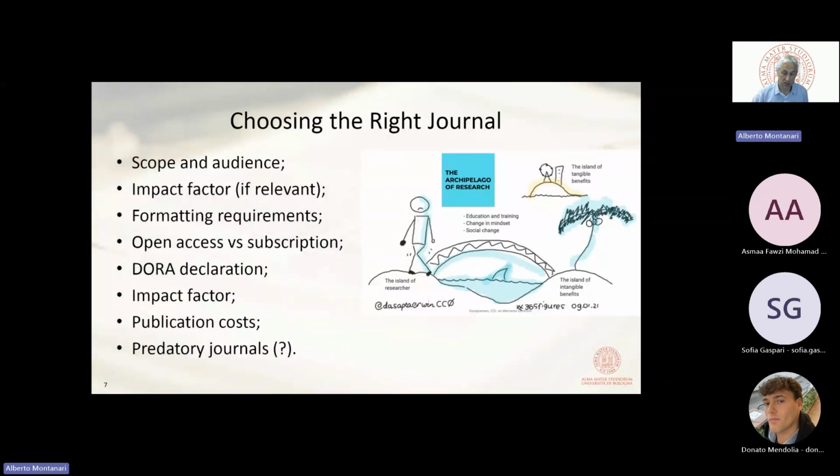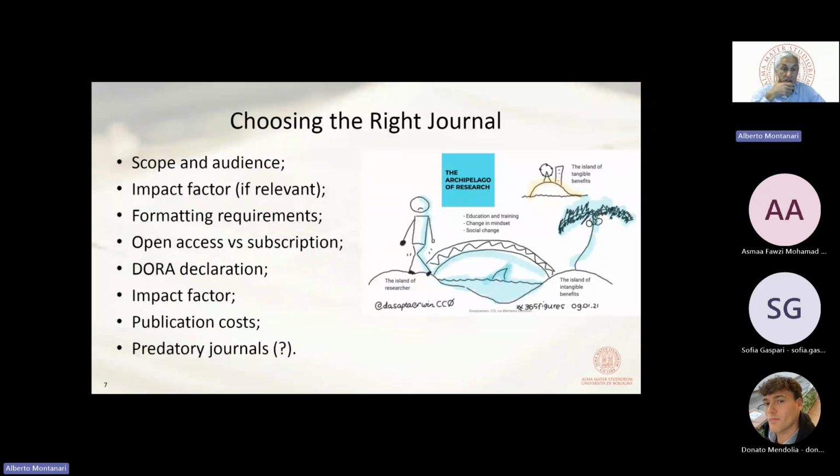And therefore, these scientists and academicians who want to oppose the use of bibliometrics for career advancement wrote the DORA Declaration, which I discussed in the asynchronous video. Basically, the DORA Declaration says that the impact factor or any other journal ranking shouldn't be used for career development, for hiring procedures, and for research funding.